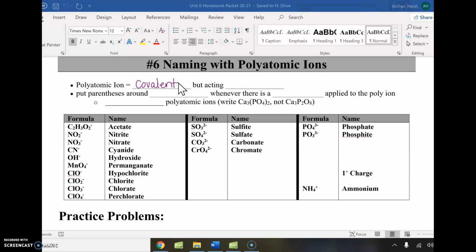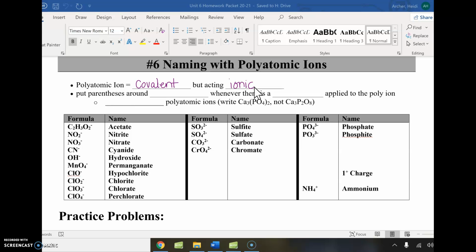The way that they structure and how they share electrons are slightly different. And as a result, as an entire group, they get a charge, they get an oxidation number, as if they were just a regular ion of a single element. So they're covalent, but they're acting ionic. Again, that's because as a group, they've gained or lost electrons somehow.